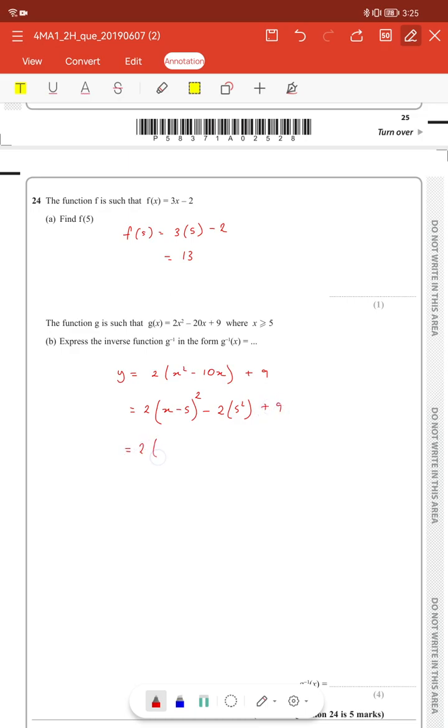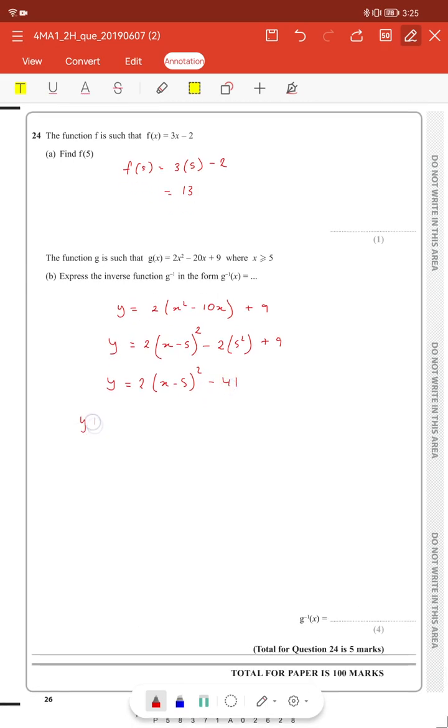That would give us 2 brackets x minus 5 squared, 25 minus 50 plus 9, so minus 41 is equal to y. And now I can get y plus 41 is equal to 2 times x minus 5 squared. And you get y plus 41 over 2 is equal to x minus 5 squared.